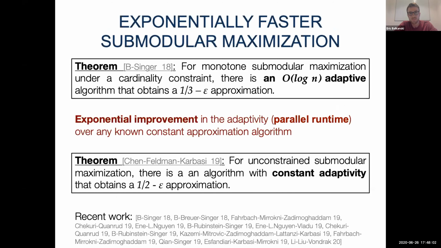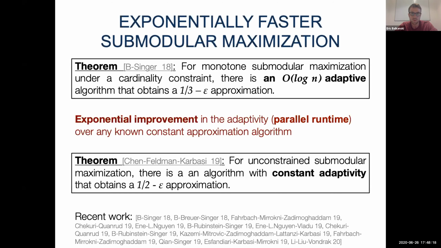There's been a lot of recent progress on the adaptive complexity of submodular maximization over the past 2 years. Recently it was shown that there is an algorithm that uses only logarithmically many rounds and obtains a constant factor approximation for maximizing a monotone submodular function under a cardinality constraint.